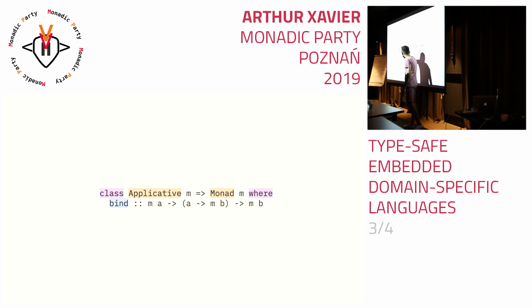Given this M, which is an applicative and a functor, our effect and our context is encoded inside this M. Given an M of A, and given an A, we can produce an M of B. So we have a dependency between the values that are produced in this context and the effects that can be produced in this context. So we get this nice sequential composition. Is everybody able to see that here? Okay, cool.